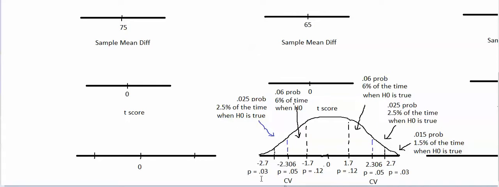And if we divide this 0.03 by 2, we get the same thing. 0.03 divided by 2 is 0.015 probability. If you multiply that by 100, it's 1.5% of the time when H0 is true.